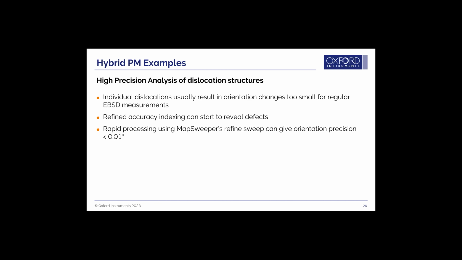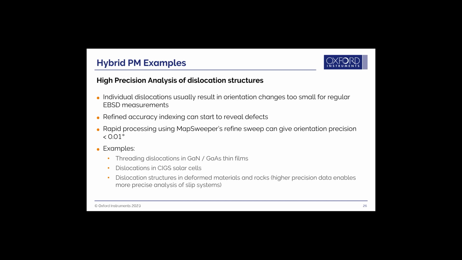With refined accuracy, we can get angular precision down to about 0.05 degrees at best. You're not going to do it faster than about 200 patterns per second in the initial acquisition. If you put this through Map Sweeper, we can actually improve the orientation precision. What we're seeing is something on the order of 0.01 is really possible with this.